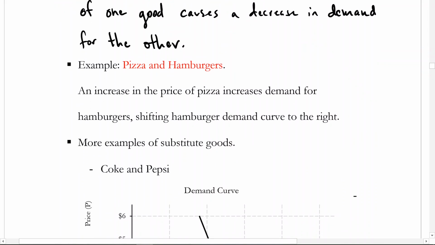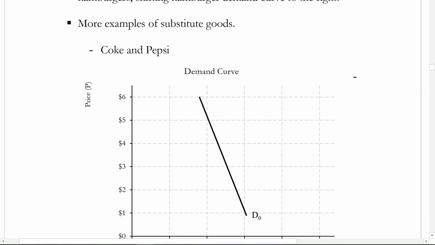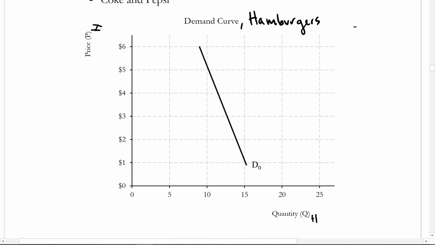So if the price of pizza goes up, people are going to shift away from pizza toward their substitute, in this case, hamburgers. So people are going to consume less pizza, and the demand for hamburgers will increase, shifting the demand curve to the right. Here, we're talking about the demand curve for hamburgers, so this is the price of hamburgers and the quantity of hamburgers.